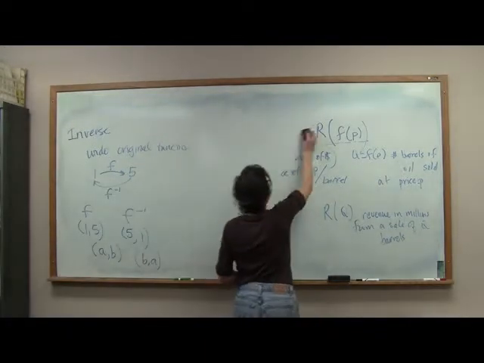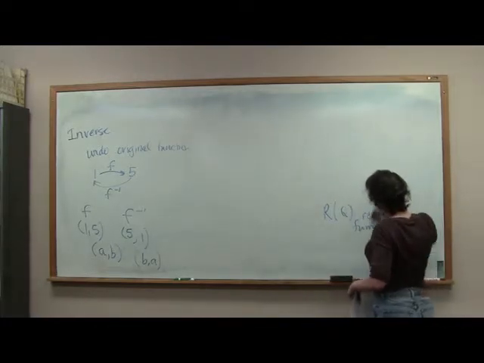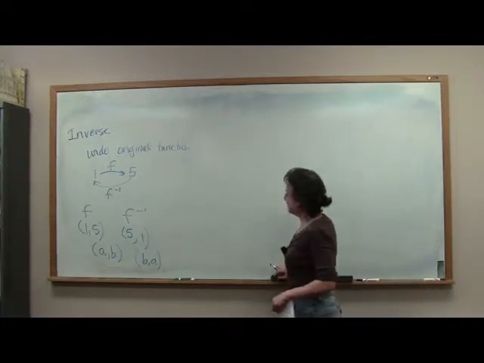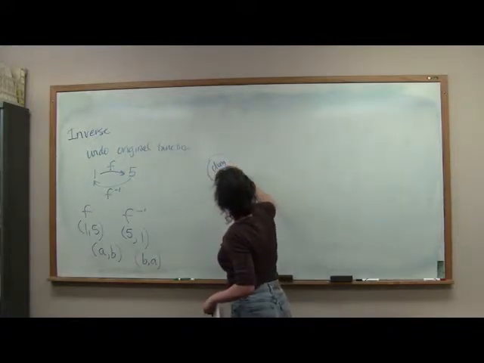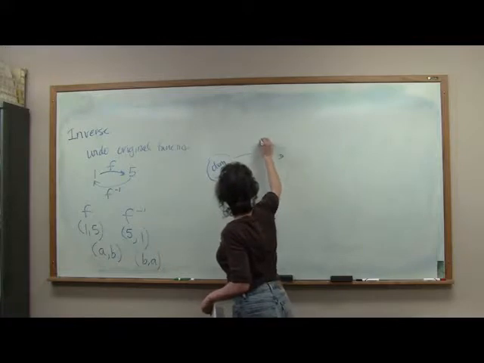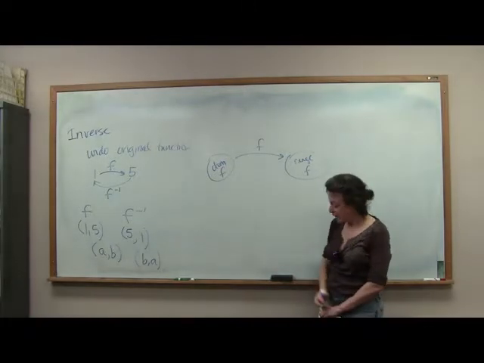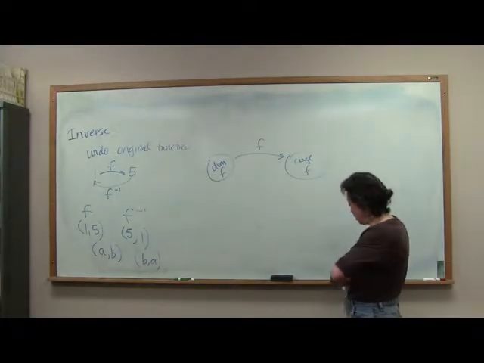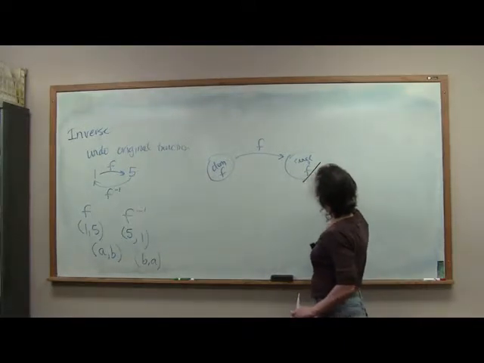Why does this make sense? Well, in general, look at this. Here's the domain of my function f, and that goes to the range of my function f. But if I want to look at my inverse, well, that's exactly what my input is for my inverse.